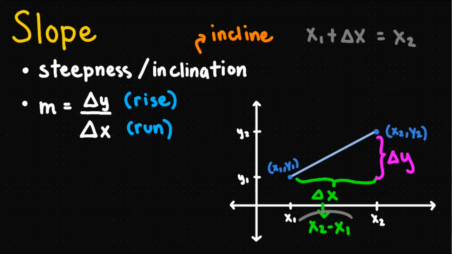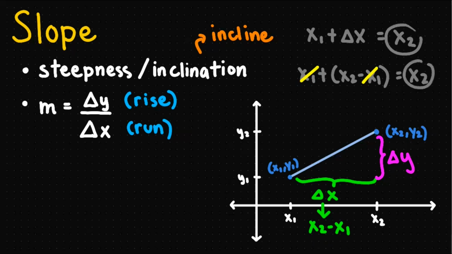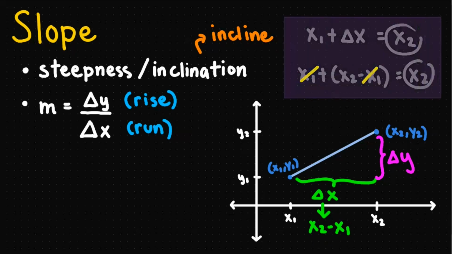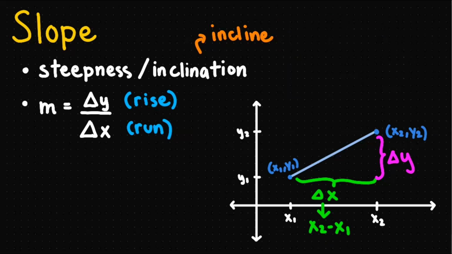Using this, we have x sub 1 plus x sub 2 minus x sub 1. Cancelling out the x sub 1's will give us x sub 2, which matches what we want. So that is the change in x.